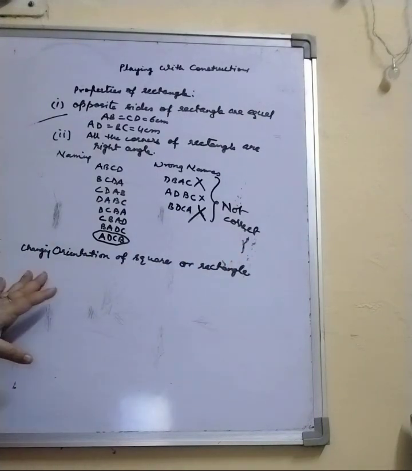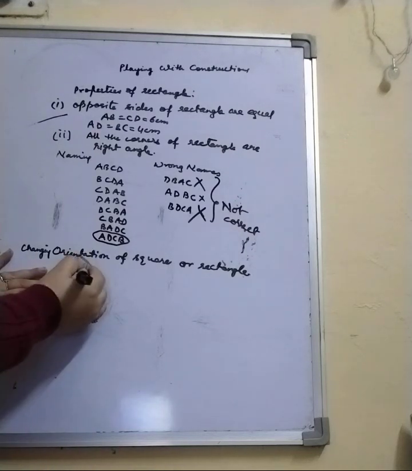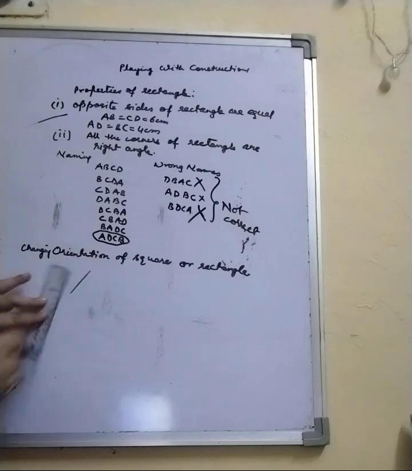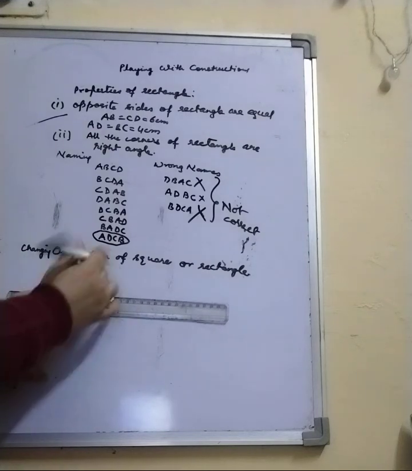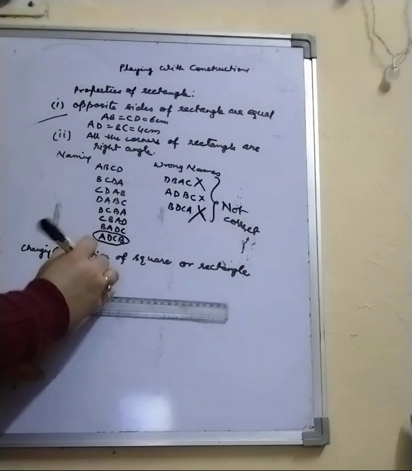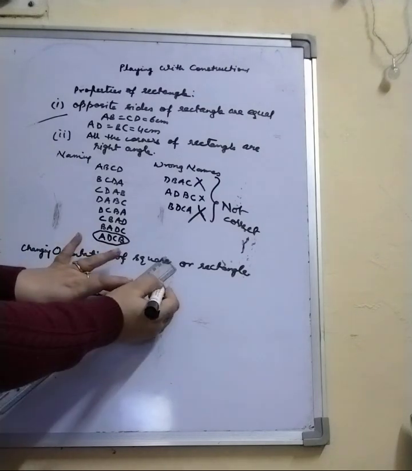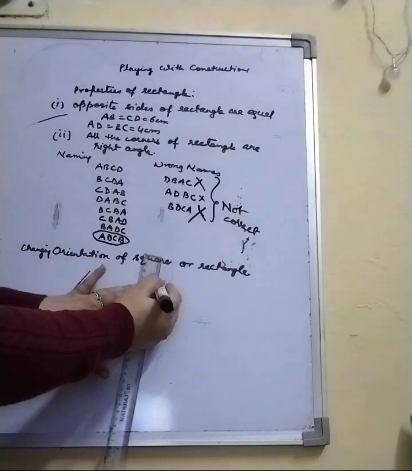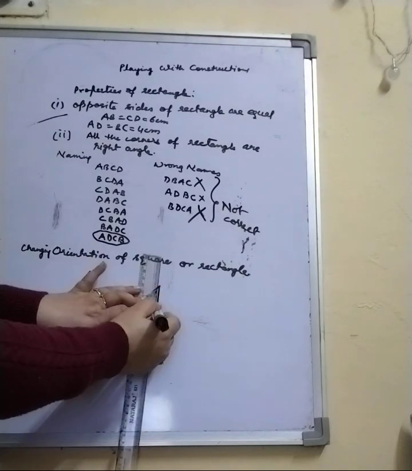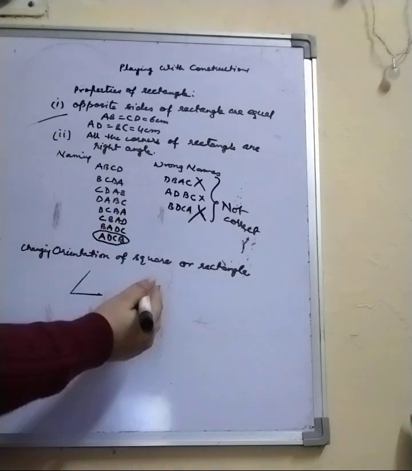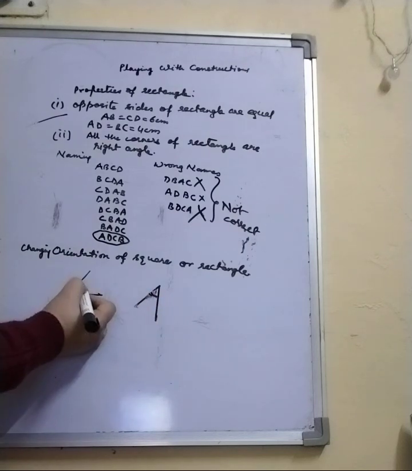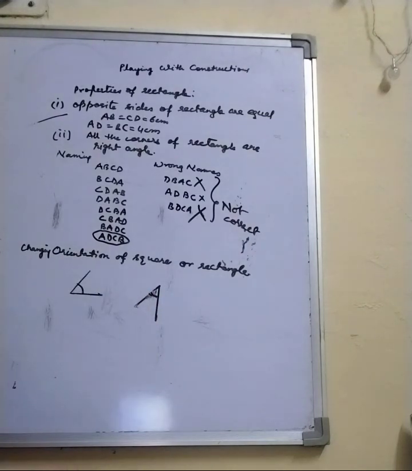Okay, so changing orientation, like in angles, how is an angle made? Angle is made of two arms, remember, two rays. You can change the direction of the angle, but did the degree of angle change? No, the degree remains same. The measurement of angle remains same.